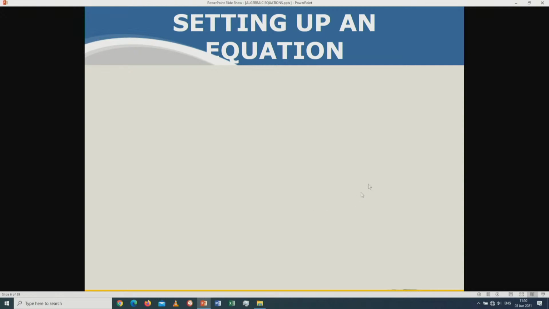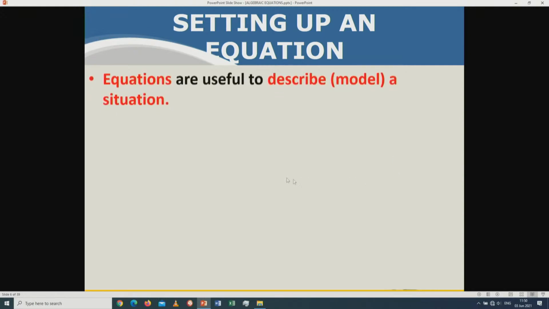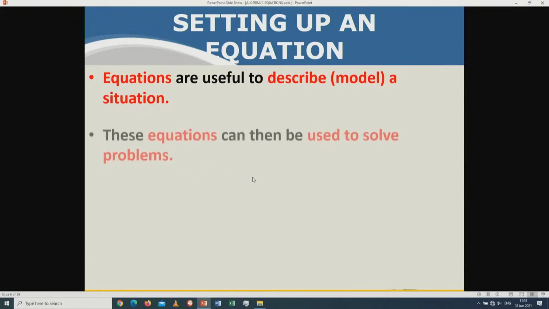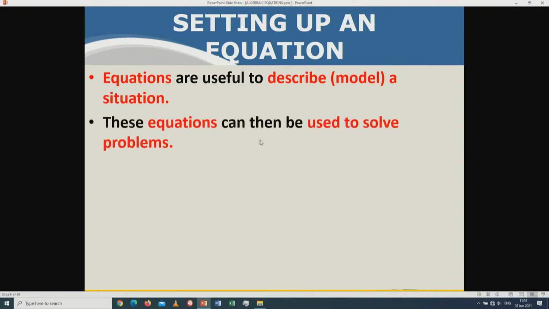Let's check what we mean by setting up an equation. Right. Firstly, equations are useful to describe or model a situation. And then secondly, equations can be used to solve problems.